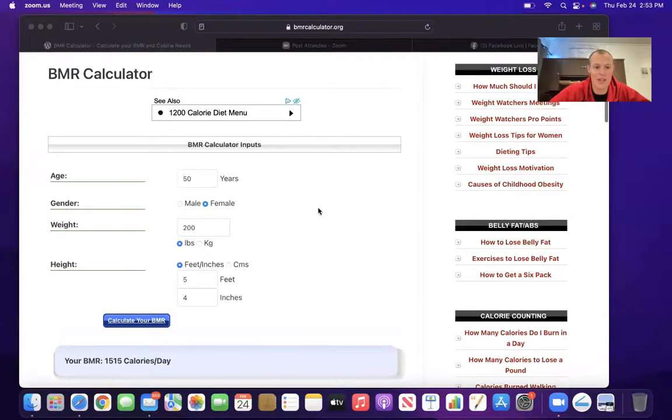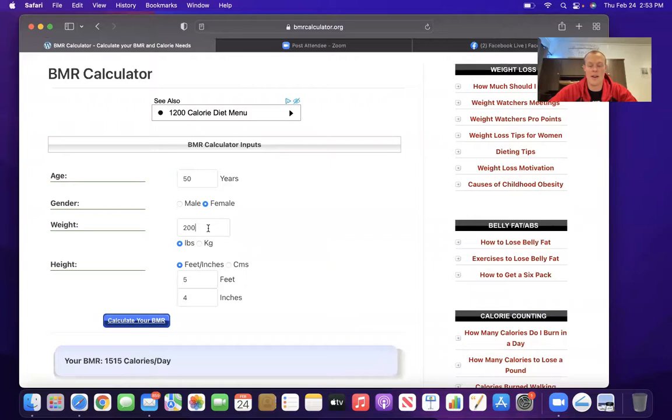The coolest thing with macros is, especially once you're at your goal weight, you can be a lot more flexible with this stuff. So let's say that person is down to their goal weight of the 160 pounds and they're just maintaining now. Well, now let's show you how to do it the other way. So now that person, let's say 50 years old, but now they're down at the 160 pounds here.